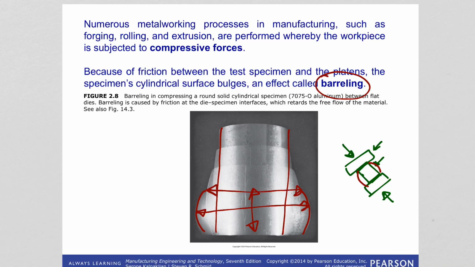So the equations we use to calculate, since they are using area, are not going to give us accurate information. Plus, to overcome this friction, we need to apply extra force. So even those will not be representing the real forces the material is experiencing. Therefore, usually compression tests are not very reliable.